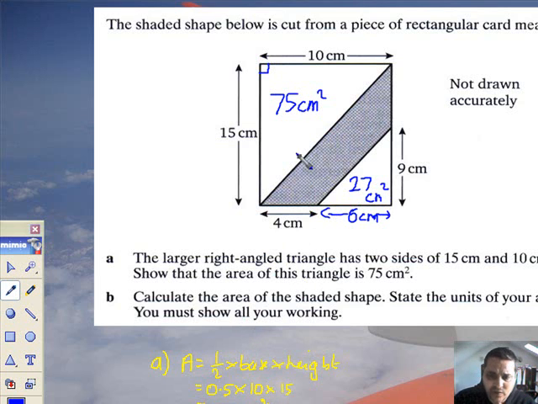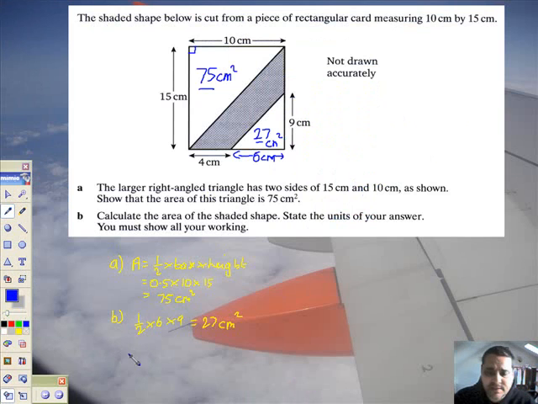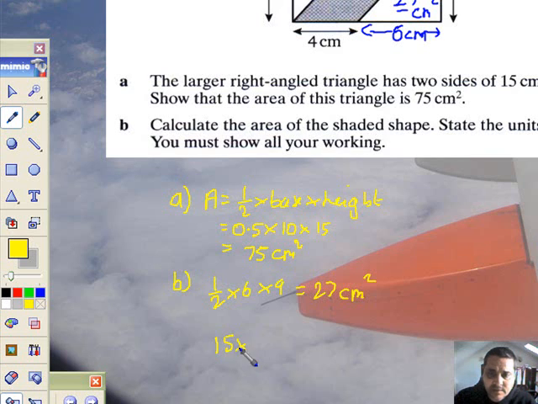Now essentially what I've got is 2 triangles, and it's going to be a trapezium, I'm sure, strapped across the middle of this rectangle. If I work out the area of the rectangle and take away that and that, I've got my answer. So here I go, do it in one step. Back to yellow. I've got 15 times 10, take away my 75 and take away my 27.